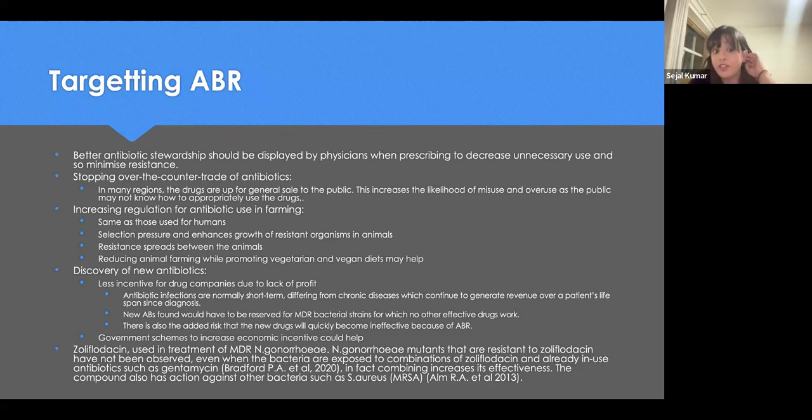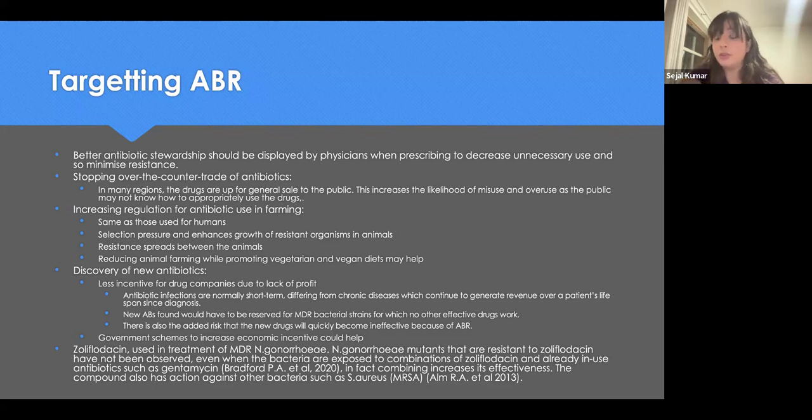Discovery of new antibiotics would be ideal, but there's not a lot of incentive for big pharma companies, because there's a lack of profit. They want to deal with chronic diseases, because if you create a medicine for a chronic disease, you're going to be paid for a much longer time than for a short-term infection.